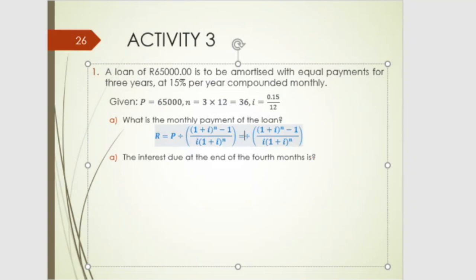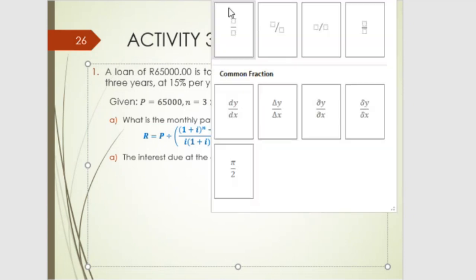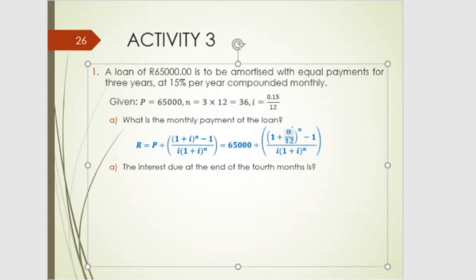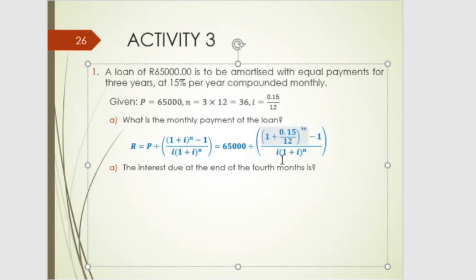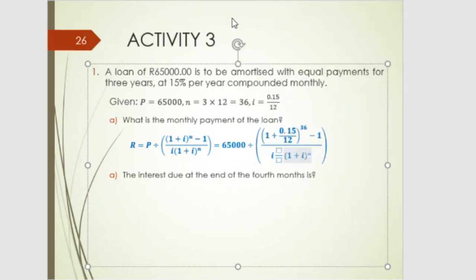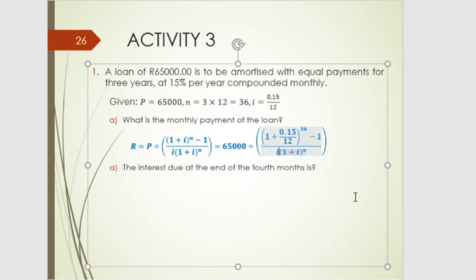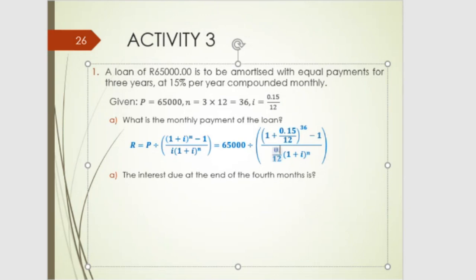Okay, we have this P, which is 65,000. We have I, 0.15, to the power of 36. And then we have 12, 0.15 multiplied by whatever is within these brackets.